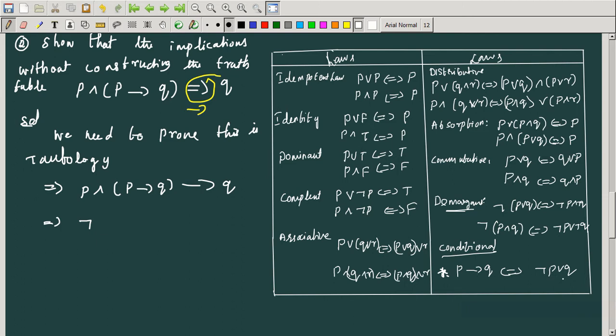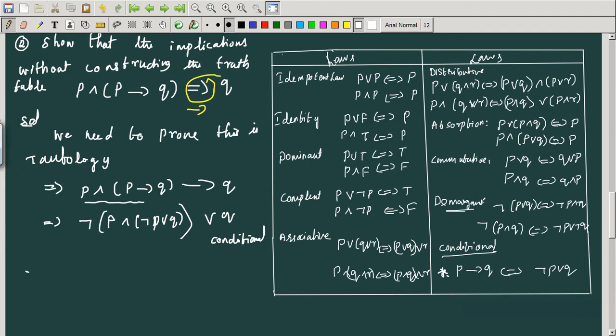P if Q becomes negation P or Q. Negation, this one you consider one single proposition. Here also we can apply the same conditional, negation P or Q, for the whole condition. So here I applied the conditional twice.